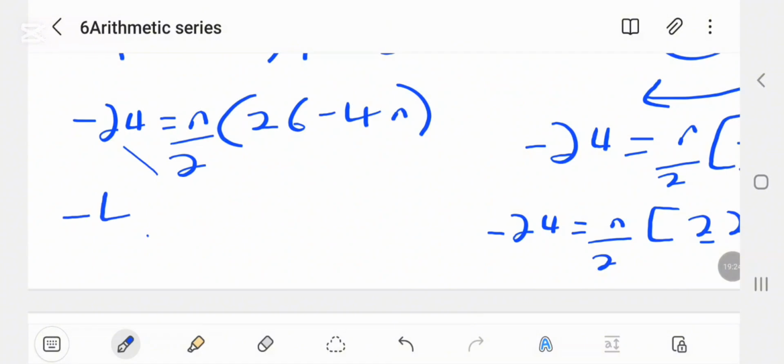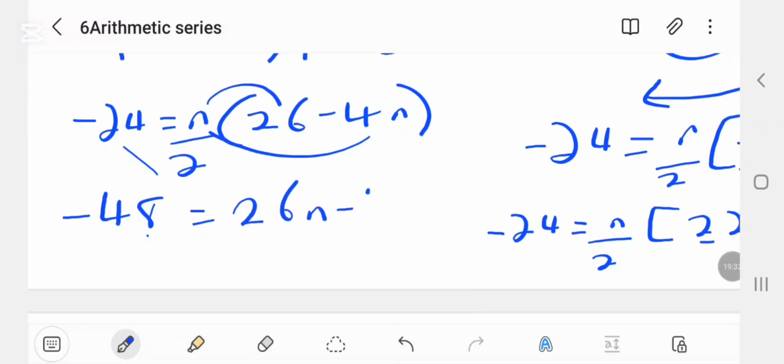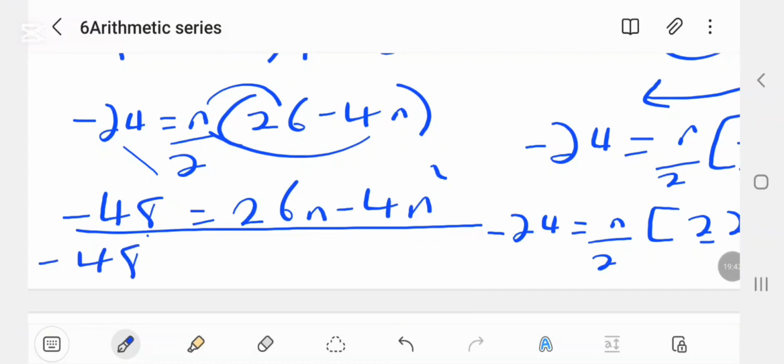Minus 48. Then those two is 26n. That minus 4n squared. Now let's write this in standard quadratic form. Minus 48 minus 26n, we're not in a hurry, plus 4n squared is equal to 0.